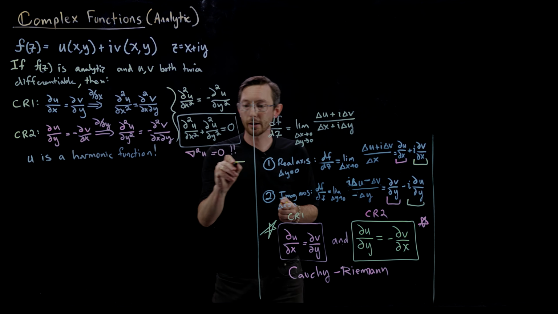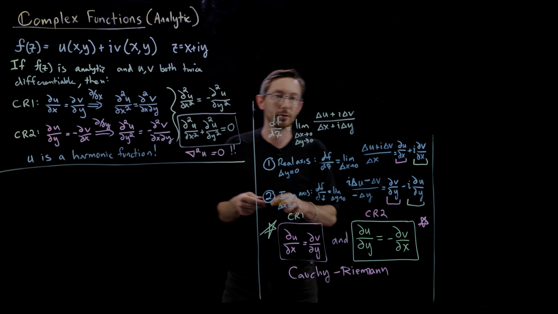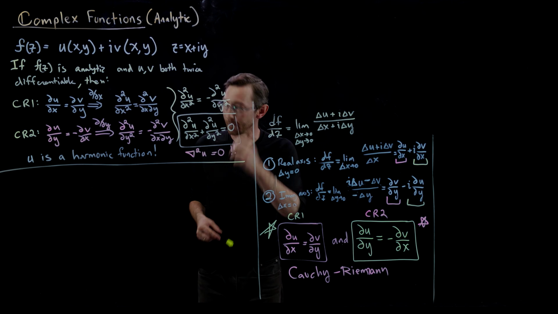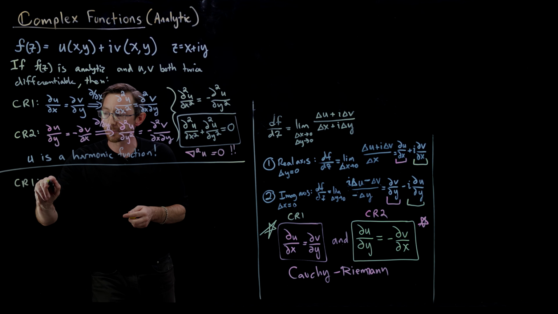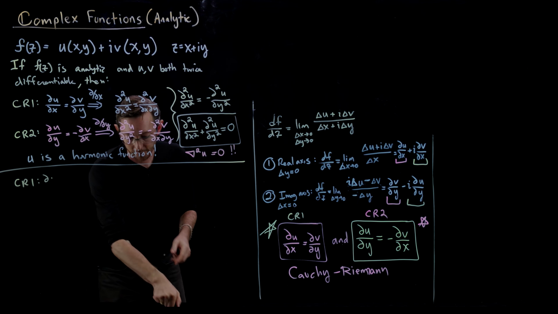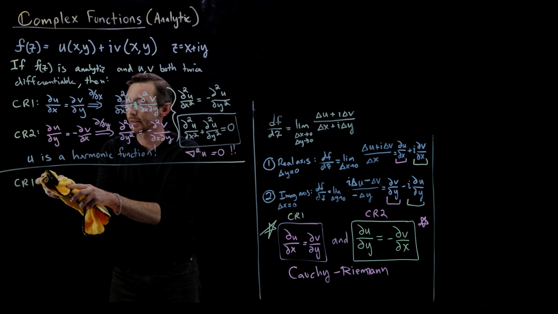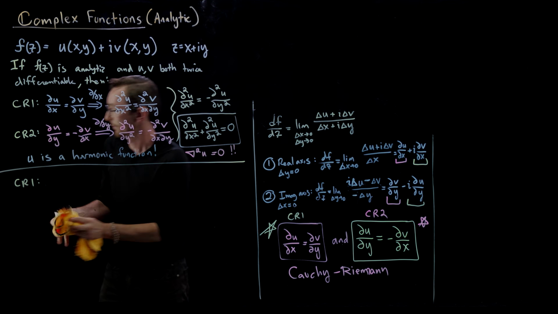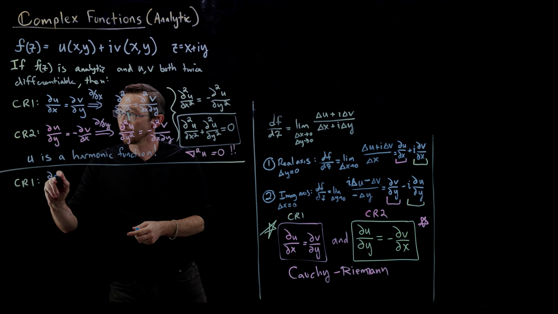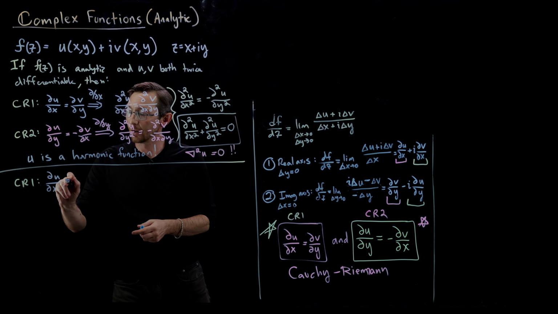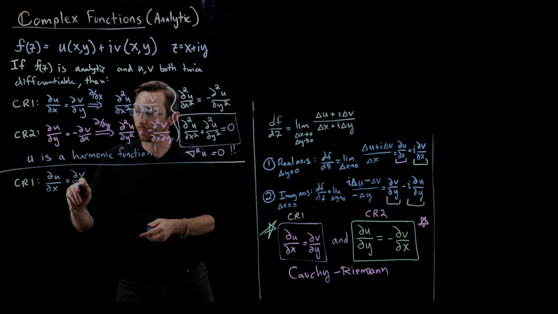So let's do that real quick, just for the sake of completeness. Same thing, Cauchy-Riemann 1 is partial u partial x equals partial v partial y.